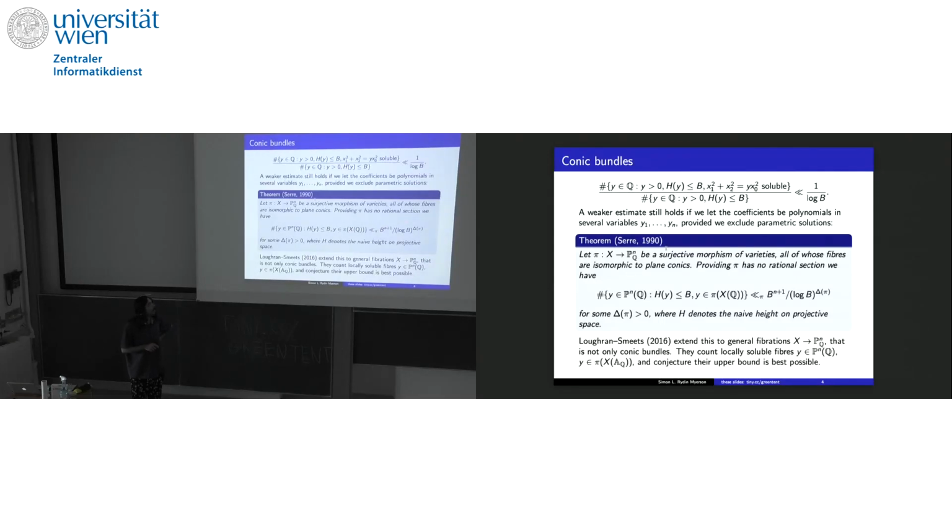And in the same way, we can get a similar looking upper bound for the number of values of the parameters for which it's soluble, saving a power of the log of the height.